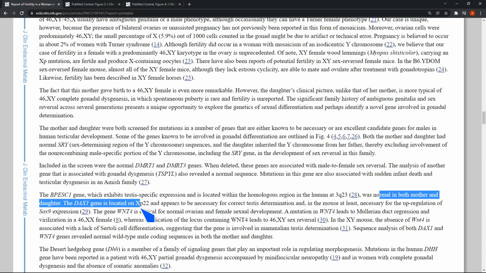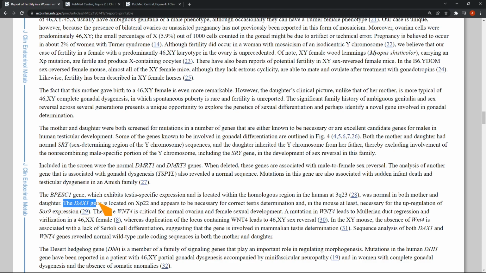So they're saying that this is a gene that has testes-specific expression, meaning if it was in a woman, it wouldn't have any function because there's no testes, but it's normal in both mother and daughter. So this gene is there and should be expressing to produce testes, but isn't.